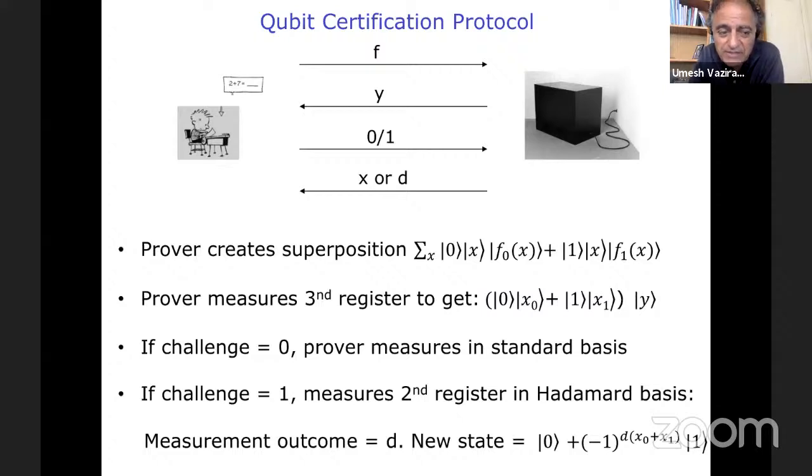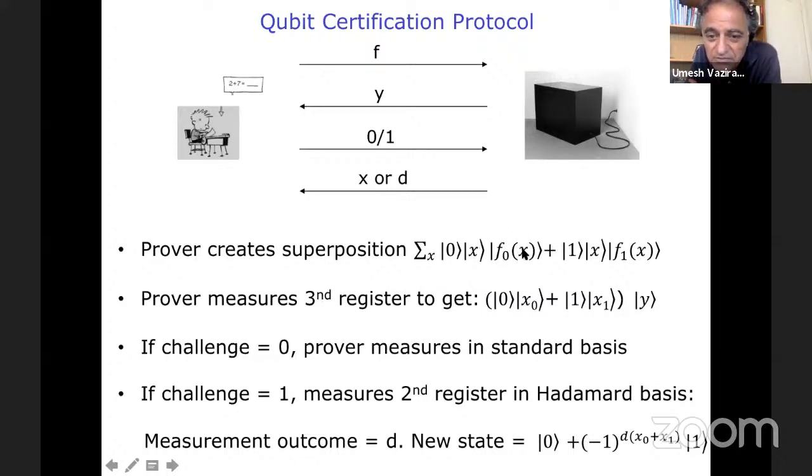Okay, so let's see what an honest prover does in response. The honest prover starts with an equal superposition over 0x and 1x, where x ranges over all the n-bit strings, and then computes f of x in superposition, either f0 or f1, depending upon this first bit.